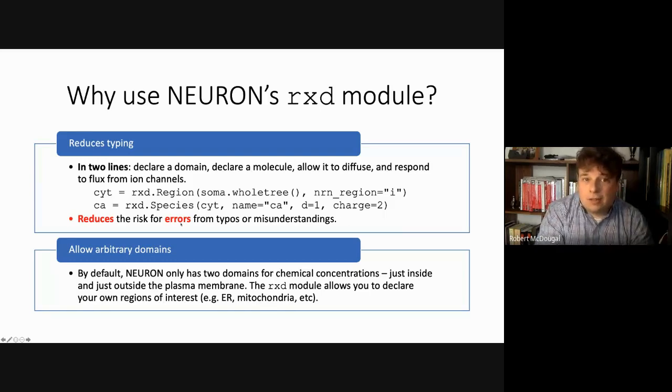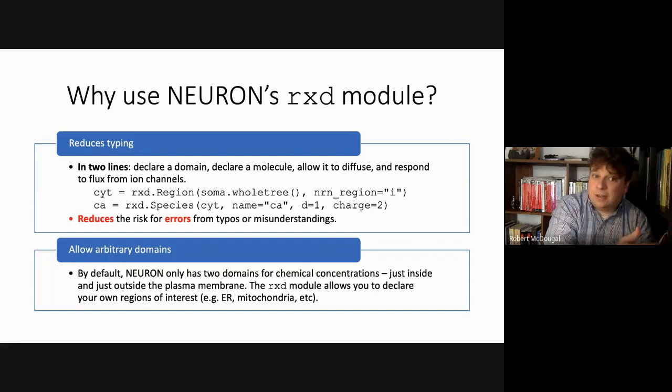And so in particular, once it's diffusing, and since we know the charge, and since we know that it's in the region that the ion channels are interacting with, that means that any current that comes in through the ion channels is going to change that concentration.